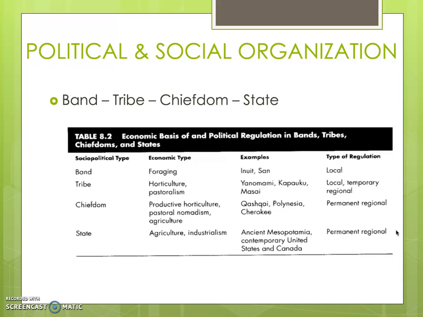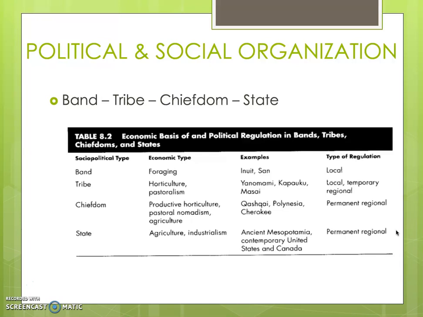Remember the leopard skin chief was not an elected office. It wasn't a permanent institution. He was simply a man from another village who was called in to mediate that particular conflict, and then he was finished. The next conflict might be solved by another leopard skin chief who was chosen, again, locally and temporarily. So this is the kind of regulation we see at the tribal level.